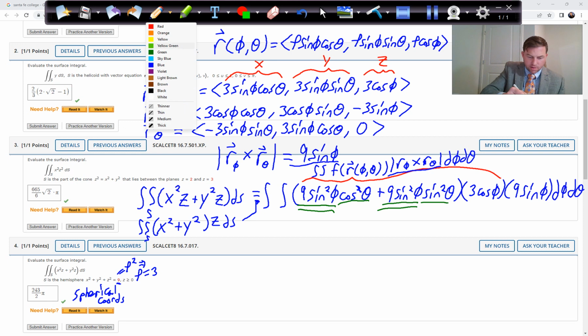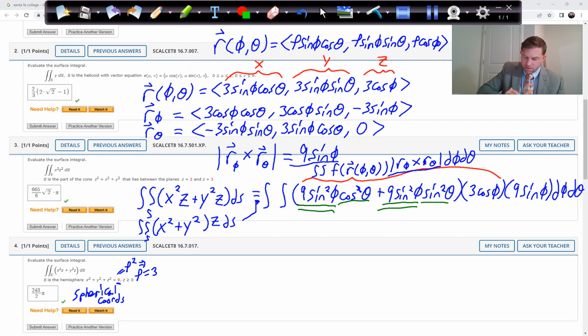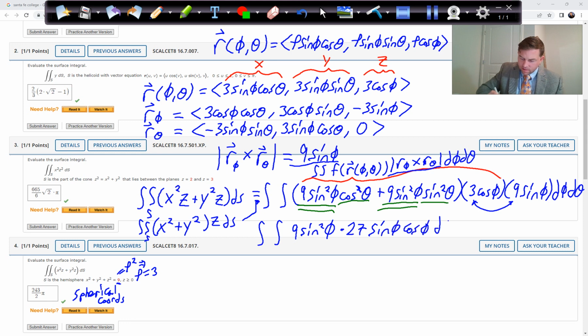We're going to have double integral of just 9 sine squared phi times, let's combine this 3 and this 9 and call this times 27, and we have sine phi cosine phi, d phi d theta.